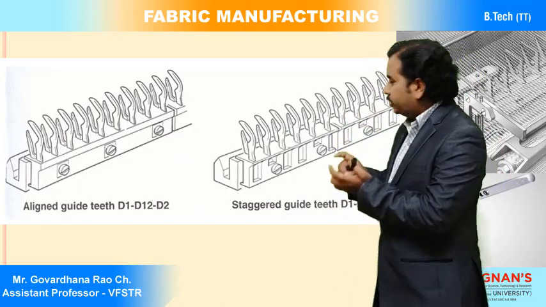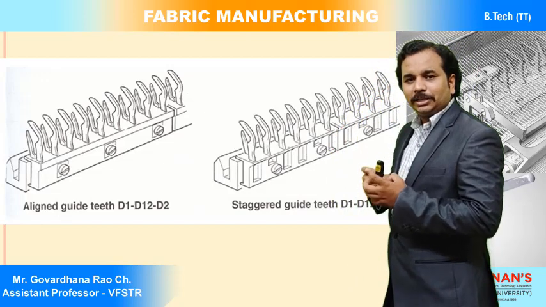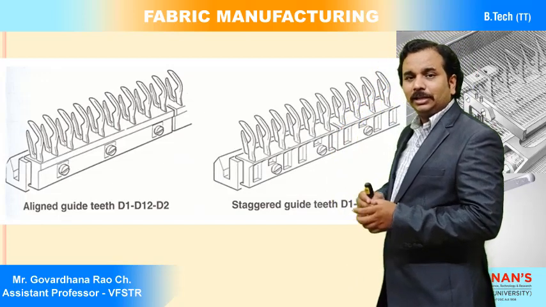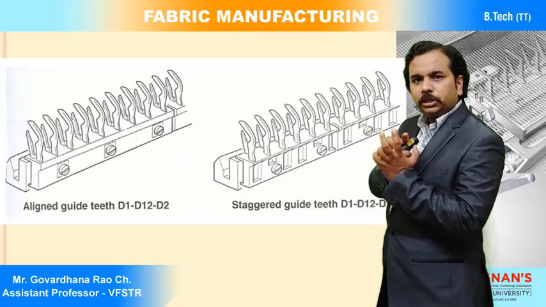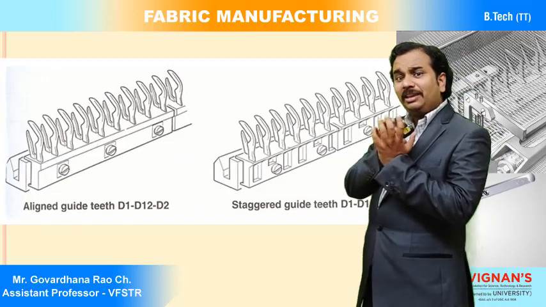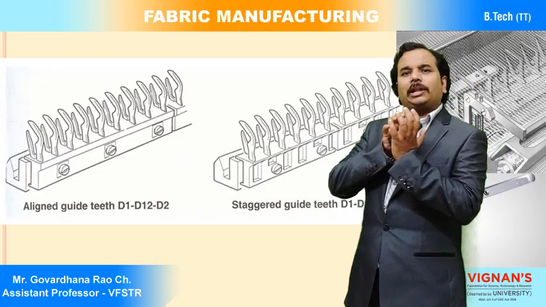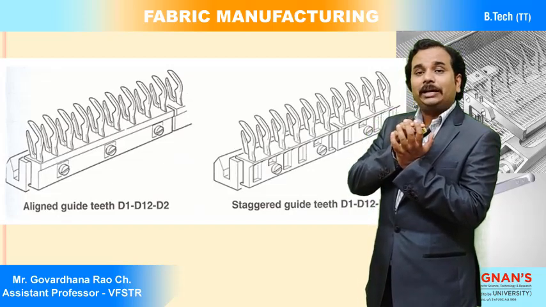In the second one, the staggered guide teeth, the bottom guide teeth are arranged in between the 2 top guide teeth. So the position or axis of these guide teeth are not aligned; it is staggered in position.